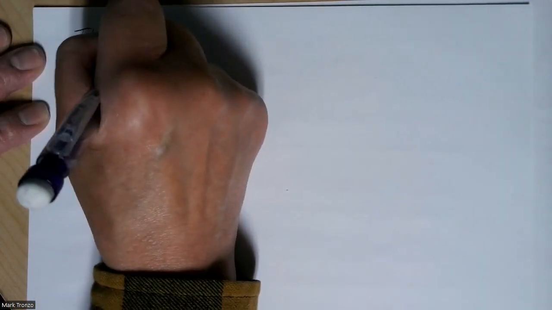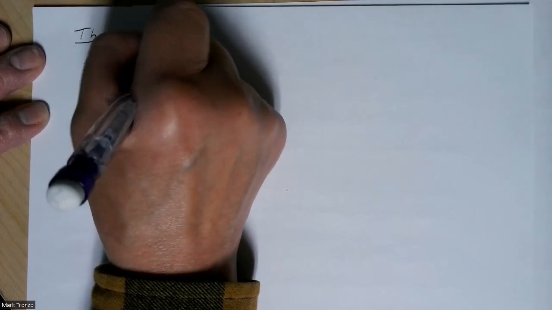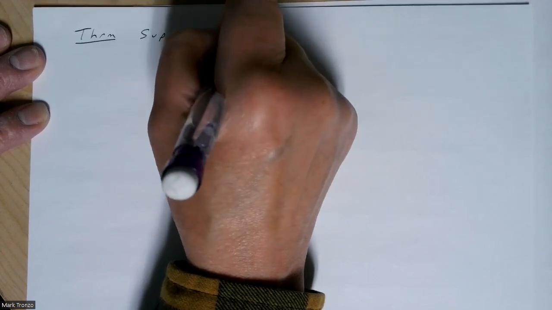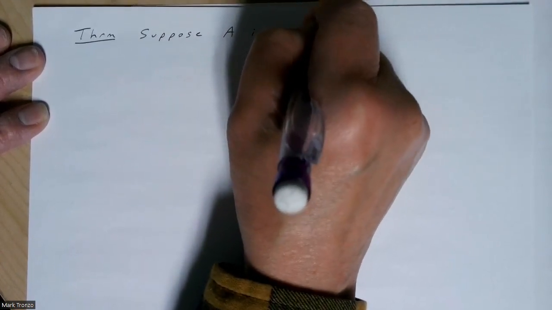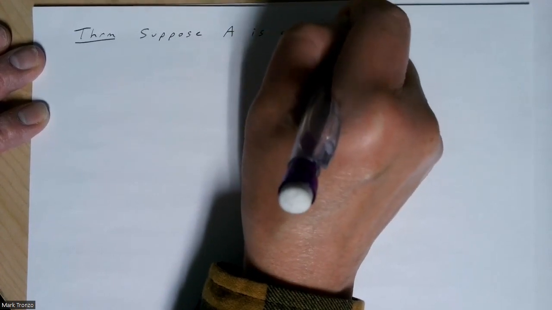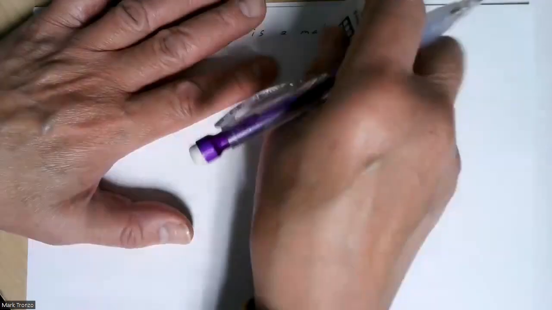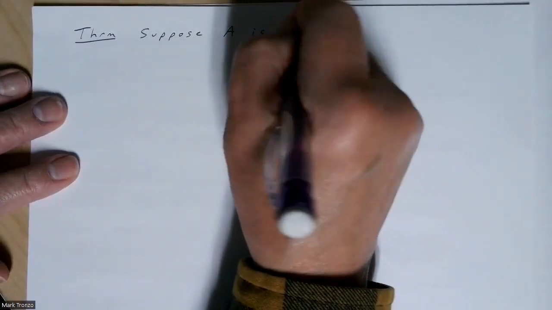And finally, let's take a look at this theorem. Suppose A is a matrix, probably should say an n by n matrix, a square matrix.